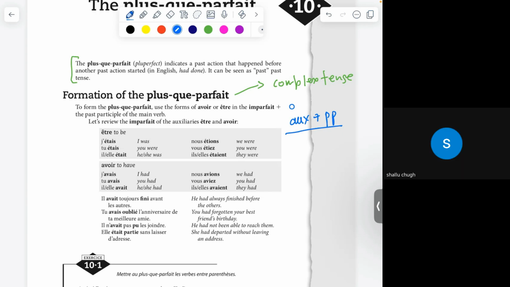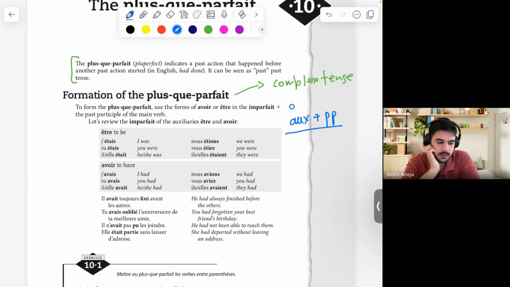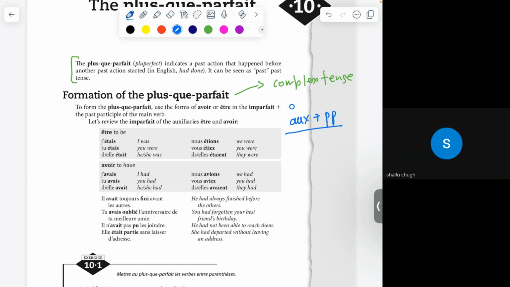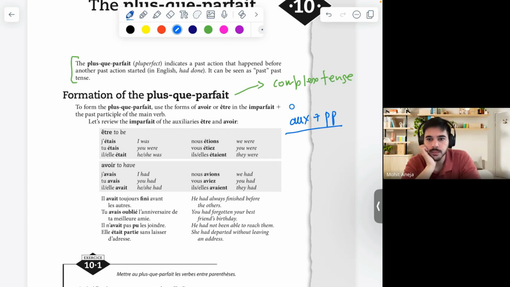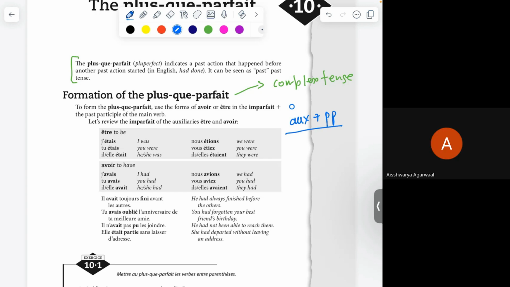J'étais, tu étais, il était, nous étions, vous étiez, elles étaient. Very good. And Shreya, what is the conjugation in imparfait for avoir? We don't change it, right? It's not AUR, right? No, it's not in imparfait.